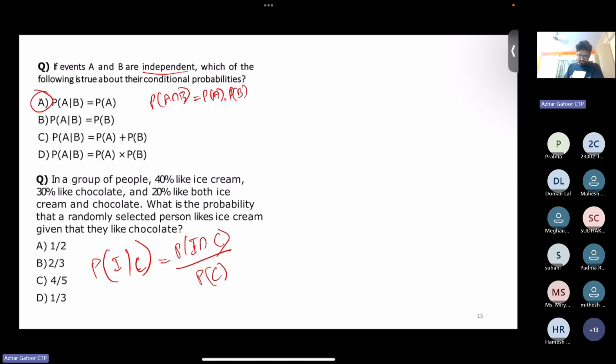Yeah. First, 2/3, right, sir. 2/3, yeah, correct. So from this we can say P of I is 0.4, and P of C is how much? 0.3, and P of C intersection I will be equal to 0.2. So from this, if we substitute, we can get the answer.